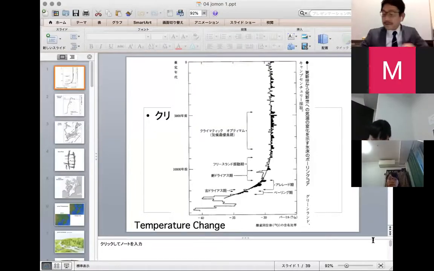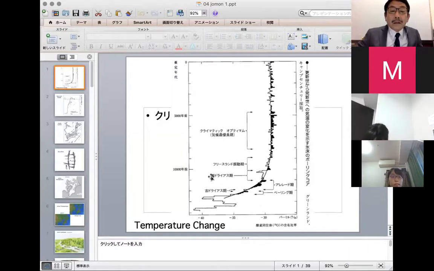All right, this is the diagram to show you the rise of the temperature, change of the temperature. And this axis, the time, 0 is present, and 5,000 is 5,000 years ago, up to 14,000 years ago.